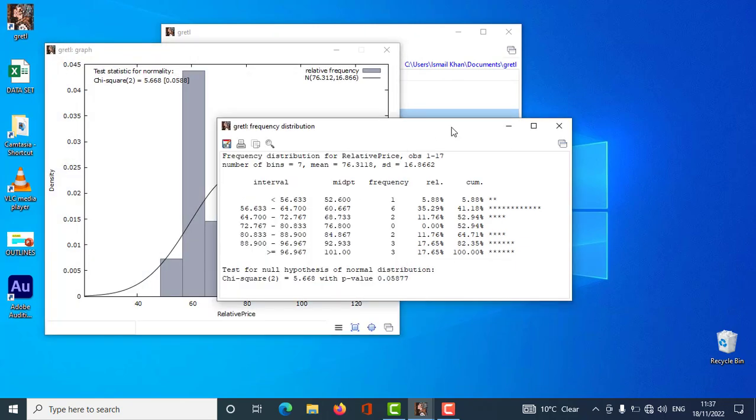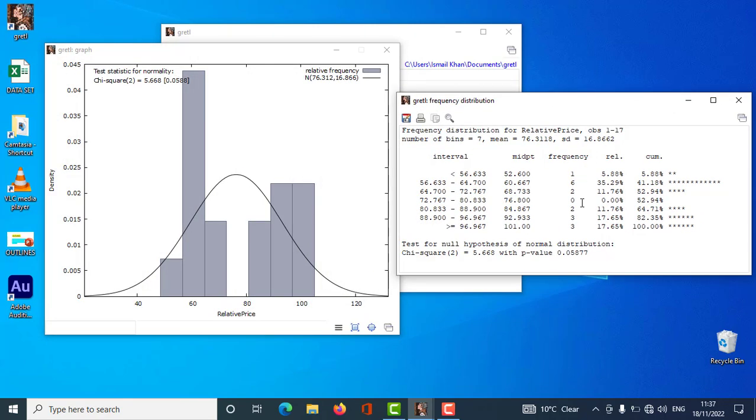Now, if we look at the p-value, it is 0.05, which is equal to 0.05 or 5%. So according to this, the data is not normal. And then if we look at the graph, it has some huge fluctuations here. Now we have a problem of normality in one of our variables.